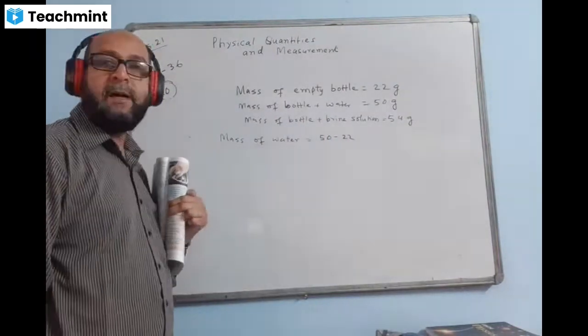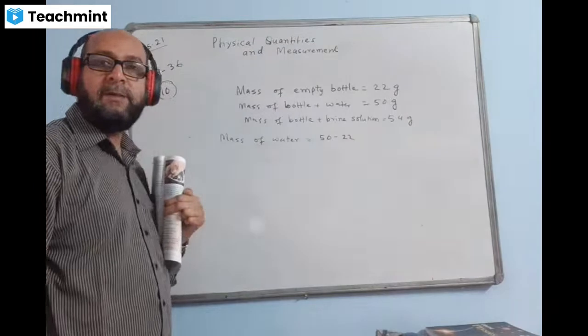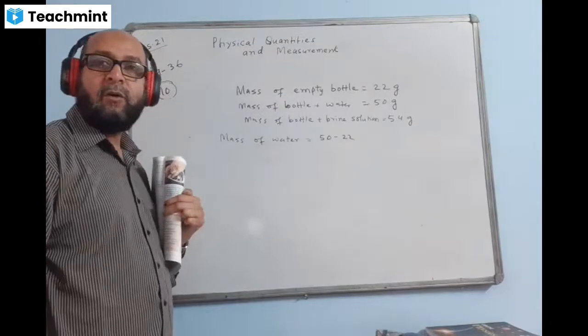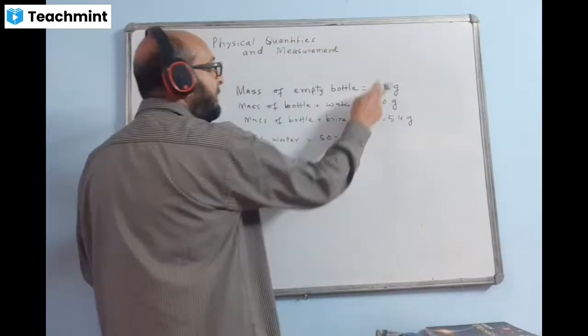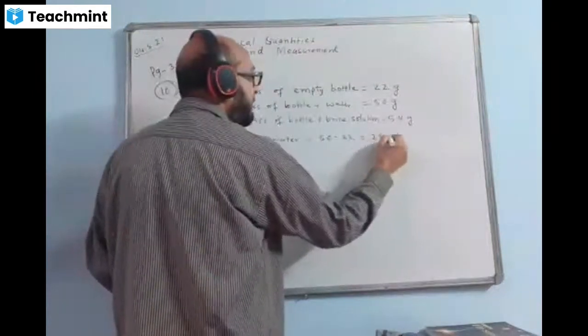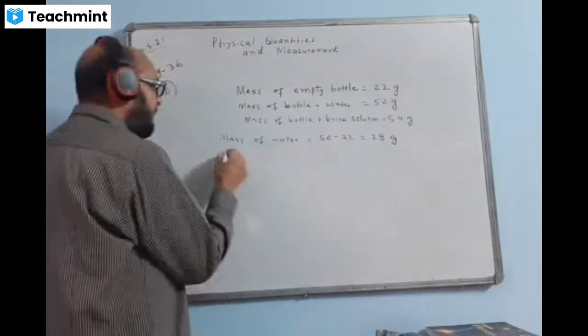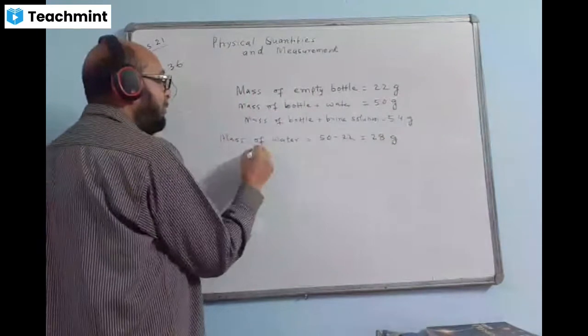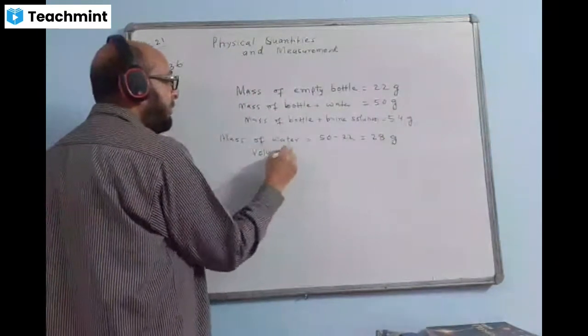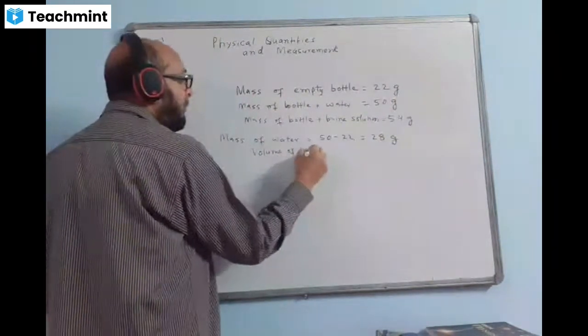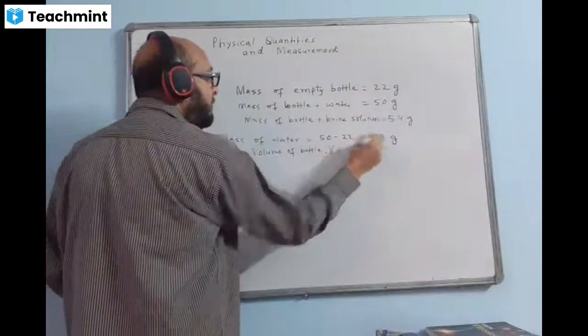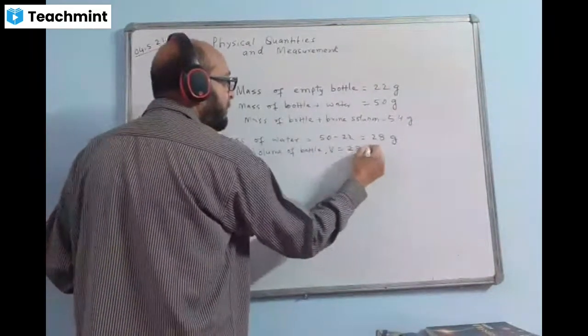Brine, B-R-I-N-E, brine. Brine is salt solution. You will do 50 minus 22, the answer will come 28 grams. Therefore, mass of the water is same as volume. You can write, therefore, volume of bottle, that is D, will also come the same, 28, but unit will be centimeter cube.